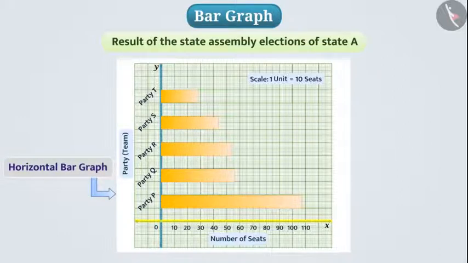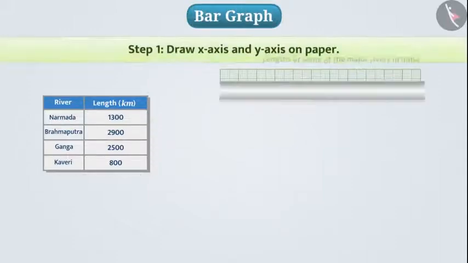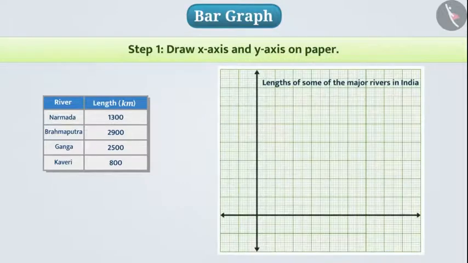Now, let us know how to draw a bar graph with the help of an example. The table shown here shows the lengths of some of the major rivers in India. Let's represent this data as a bar graph. Draw two mutually perpendicular lines on the paper.